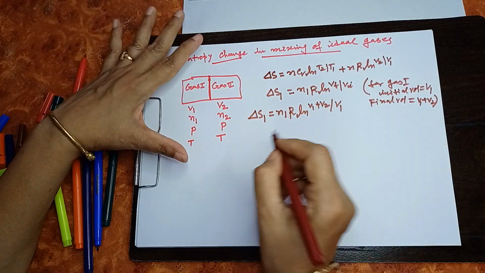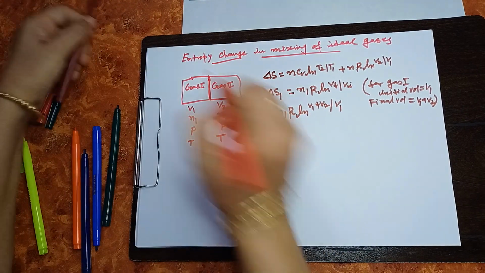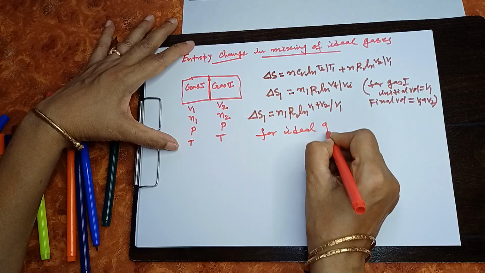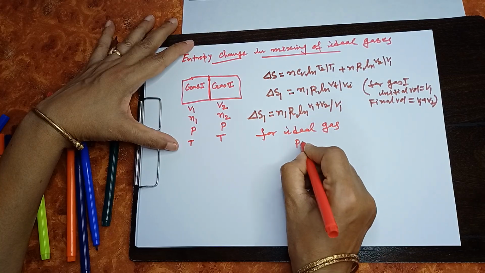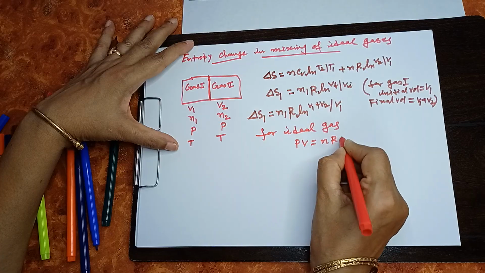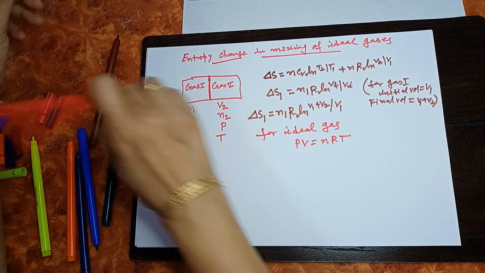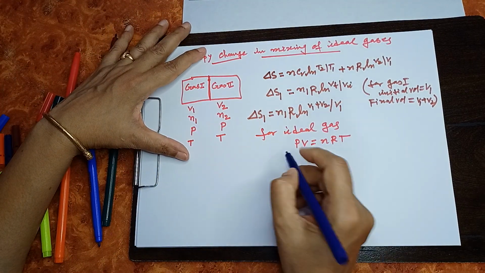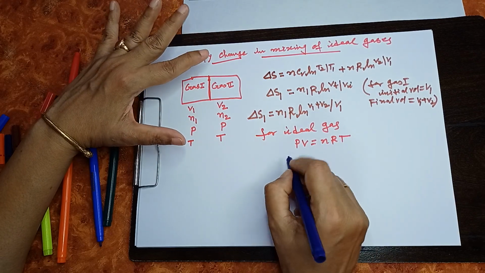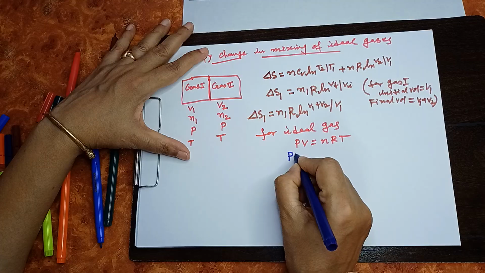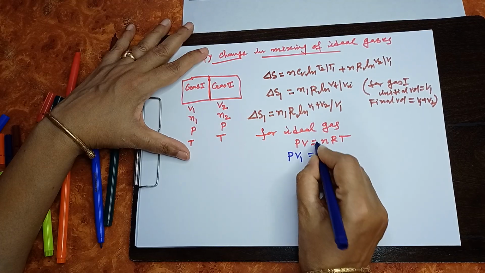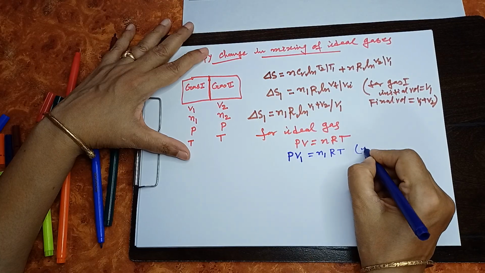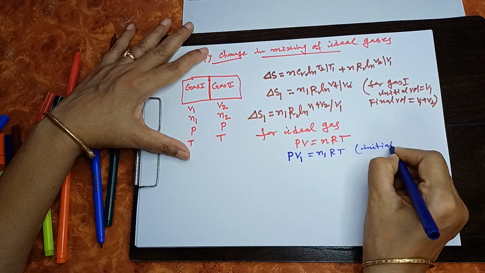Okay, right. Now we know that for ideal gas, PV is equal to nRT. Now we will apply this for gas 1. For gas 1, in the initial state, pressure is constant P, volume is V1, number of moles is N1, R, T. This is for the initial state.